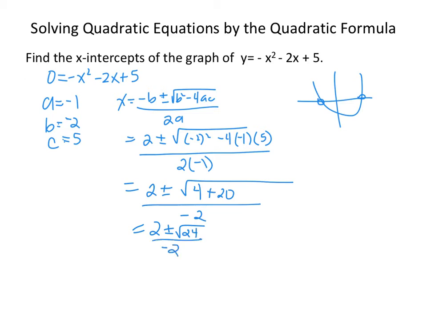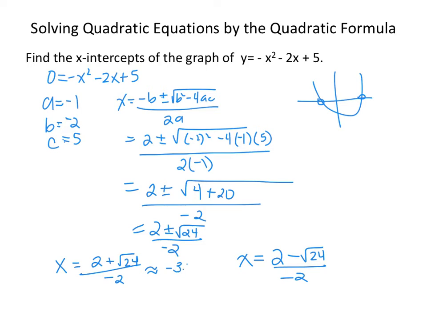From there, again, we have two different answers where x is equal to 2 plus root 24 over negative 2, and another where x is equal to 2 minus root 24 over negative 2. Approximating both of these using a calculator, I'm left with negative 3.45 and 1.45.